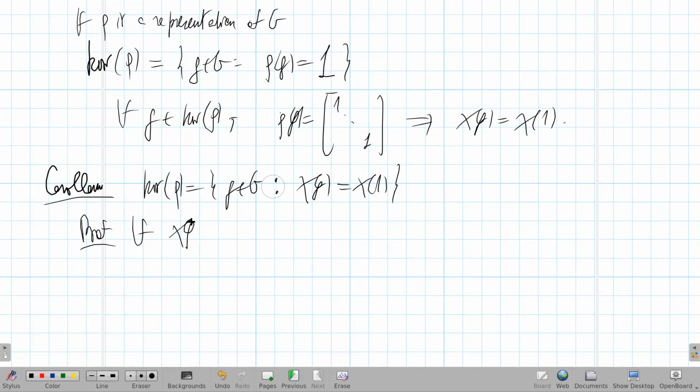So if chi of g equals chi of 1, then recall that rho of g, this is something that I just recalled at the beginning of the lecture, will be diagonal with omega 1 up to omega n, okay? I mean, there is a basis in which rho of g can be put in diagonal form. There are zeros here which I don't write, and with the roots of unity on the diagonal.